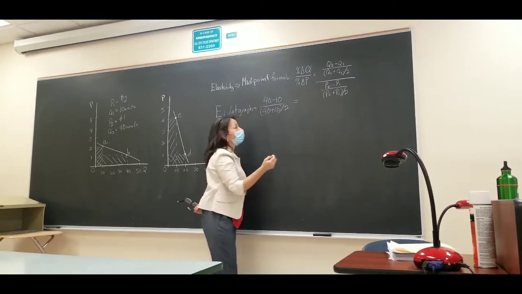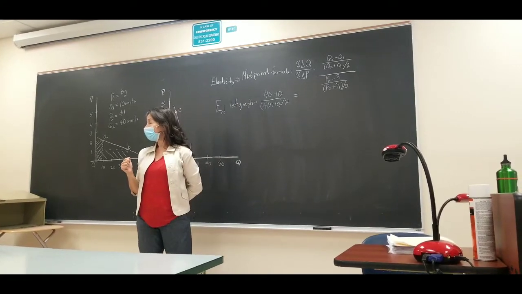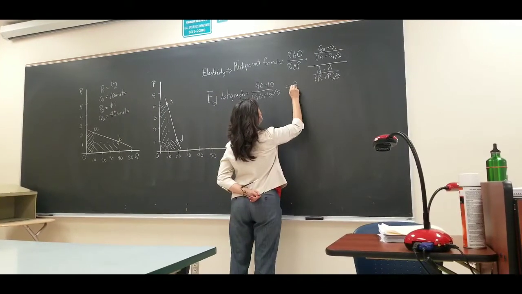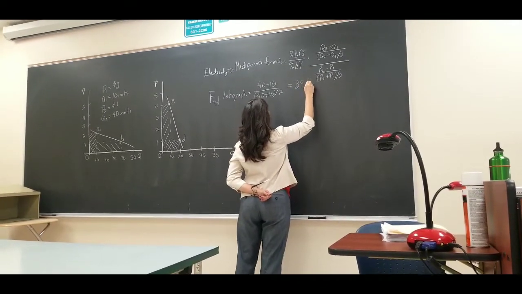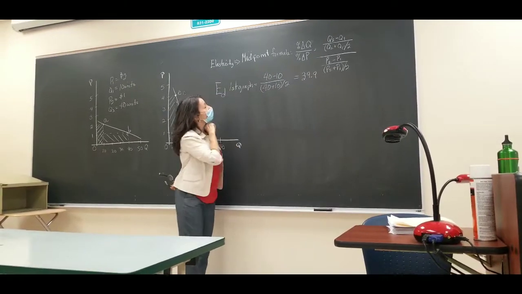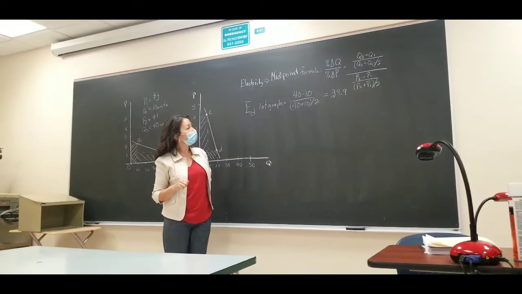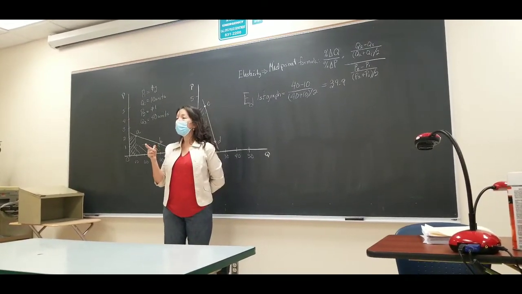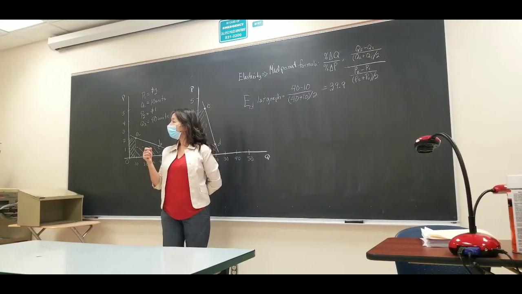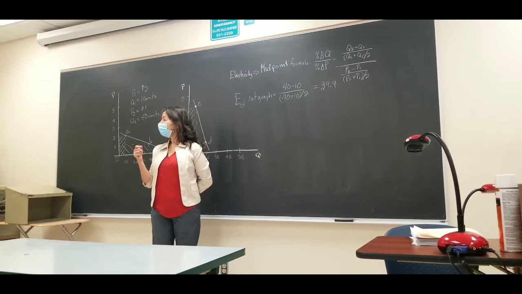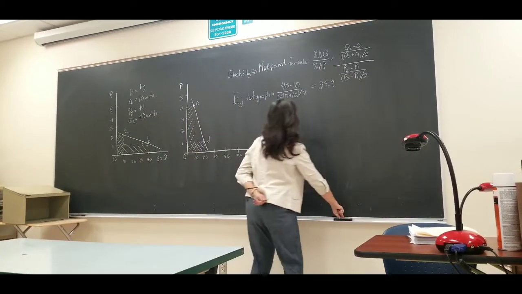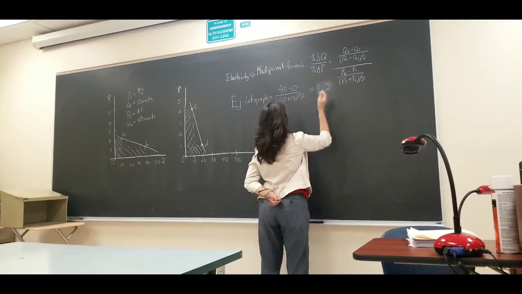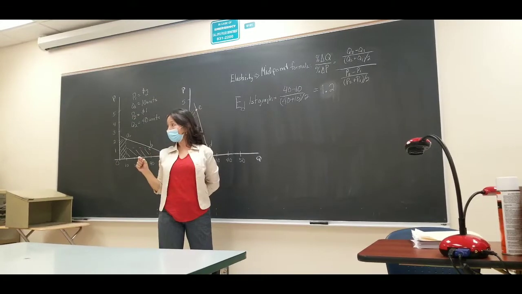That's going to be 30 divided by 25, which is 1.2. So that is our percentage change in quantity.